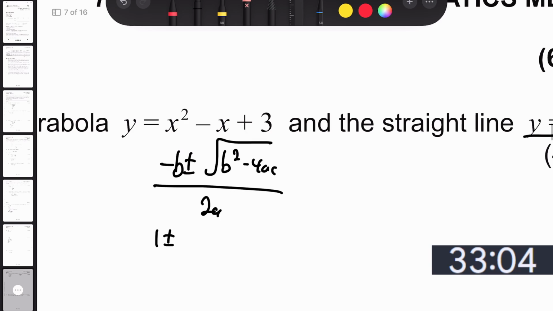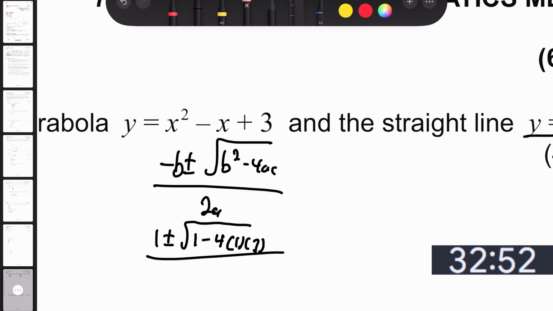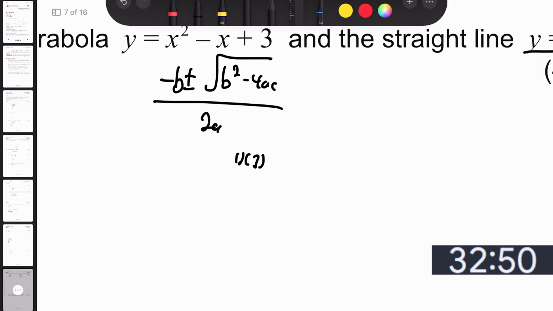That gives me 1 plus or minus the square root of 1 minus 4 times 1 times 3. Oh, it doesn't reach the bottom at all. What the heck?